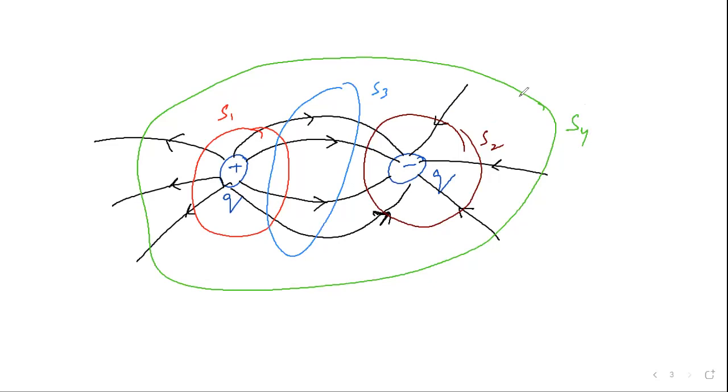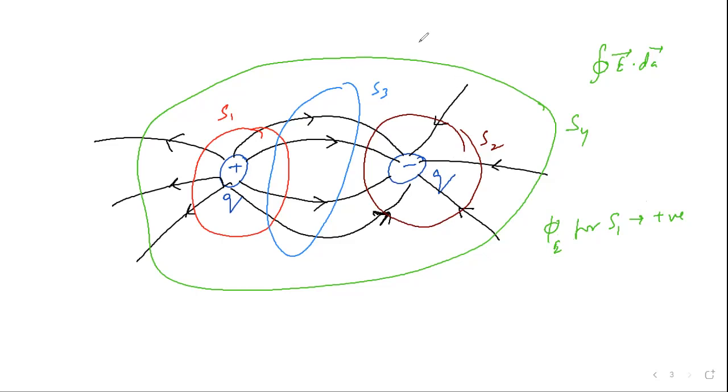Now we already know from the definition of electric flux, when we calculate electric flux through some closed surface, leaving flux is positive, entering flux is negative. According to this definition, electric flux for S1 is positive. Why? Because everywhere flux is leaving the surface. Right? What about S2?